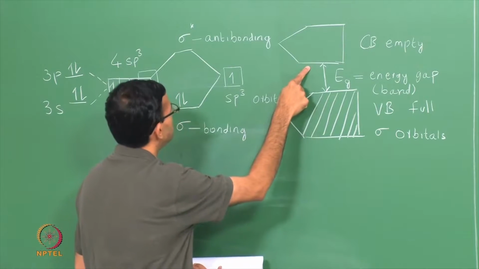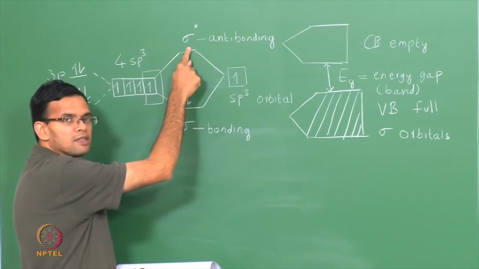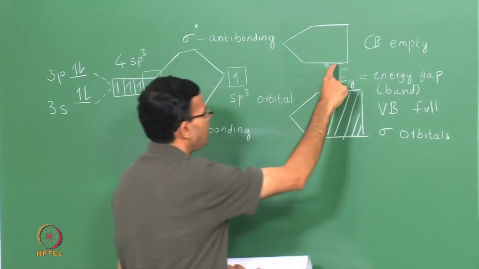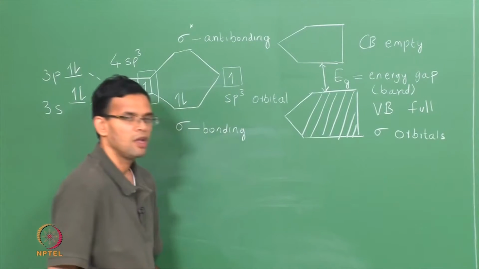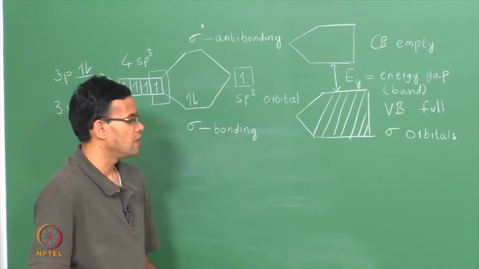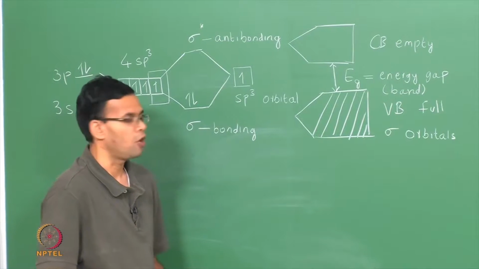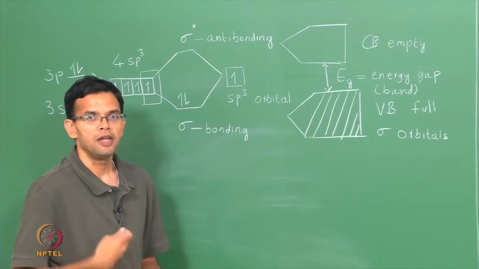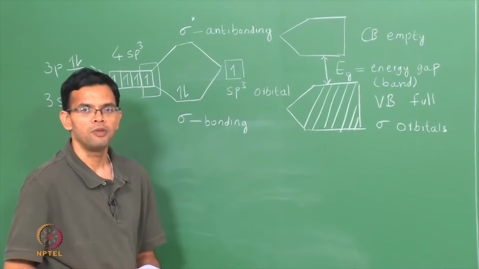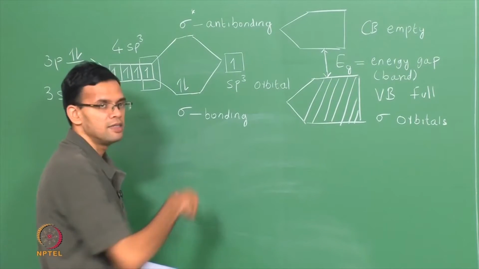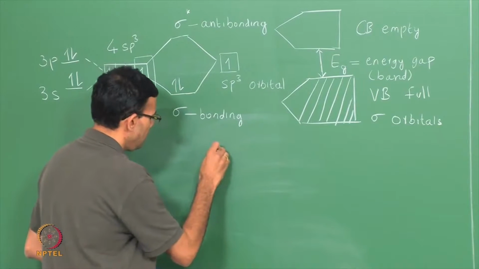We have an energy band from sigma star that is completely empty, and then you have a band gap between them. You can once again draw an energy versus bond length plot for silicon, but now instead of having the atomic orbitals, we will have the sigma and sigma star. Let us do that.